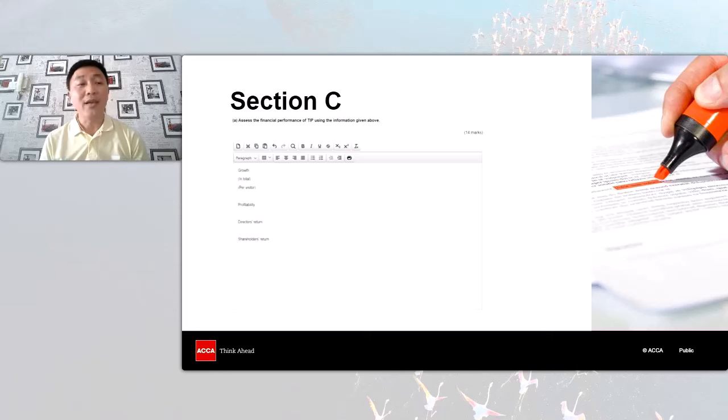In part A, I'm asked to assess the financial performance. So when I read through the information under step 2, I will pick up this kind of new information, which is the clue that I found in the scenario. I will pick up this kind of key wording and put it down into my response option, which is the Word file that you see on the screen right now.